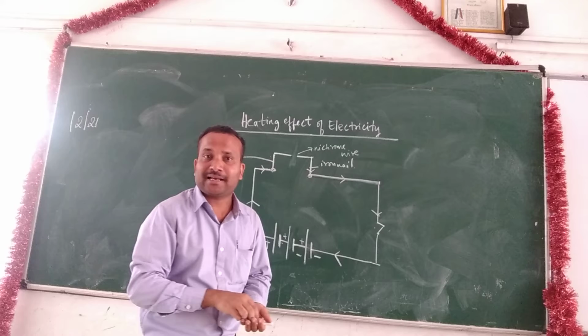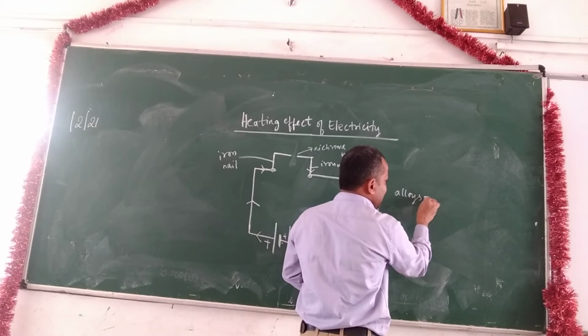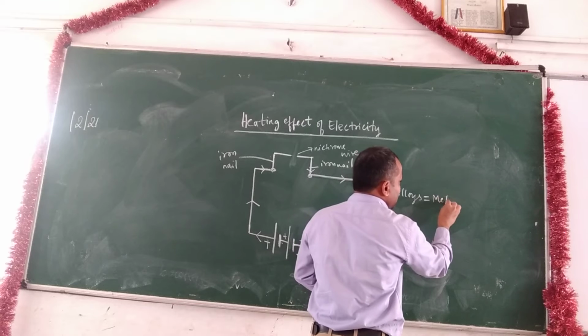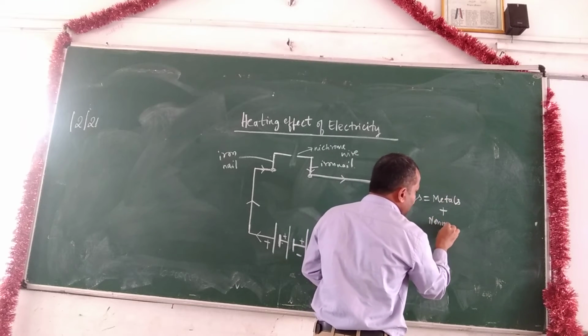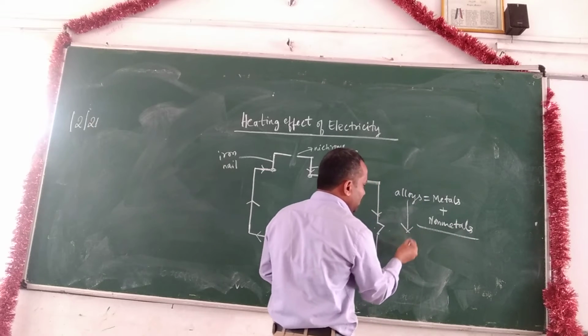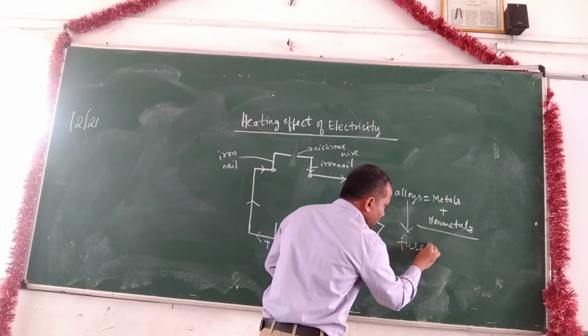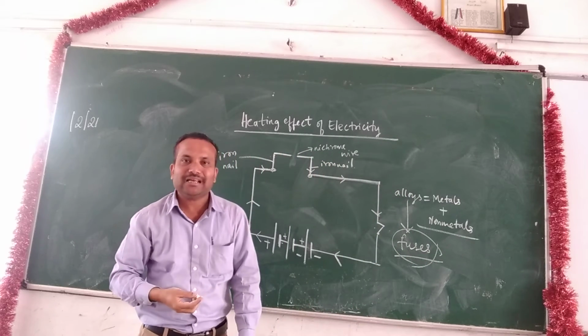We call them alloys. Alloys are nothing but mixtures of metals and non-metals, children. These alloys are specially used to make fuses in the circuit.